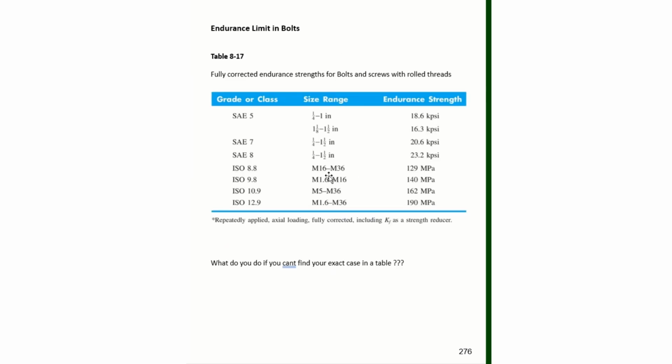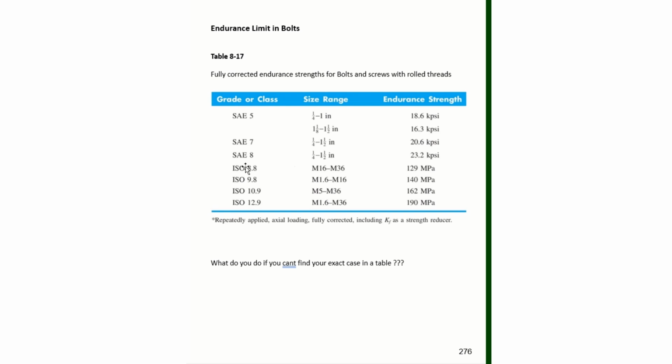Table 8-17 in your textbook gives you a list of endurance limit values for grade and class bolts. So here we have an SAE grade 8 bolt with a size range of 1/4 to 1.5 inches, and our endurance limit is 23.2 kpsi.